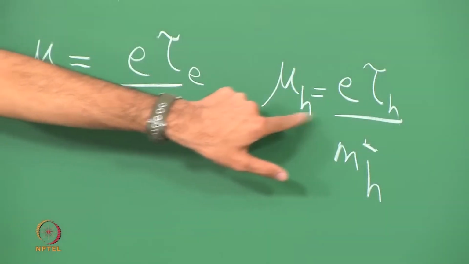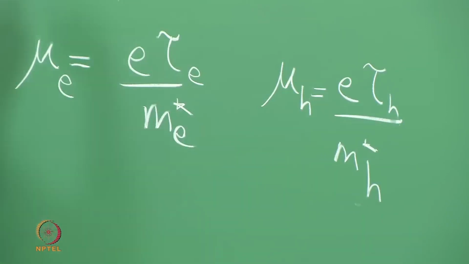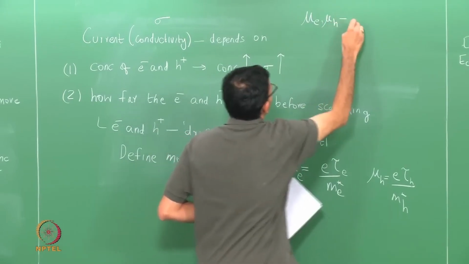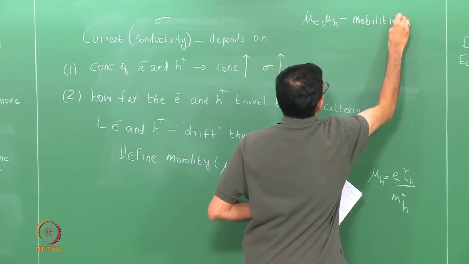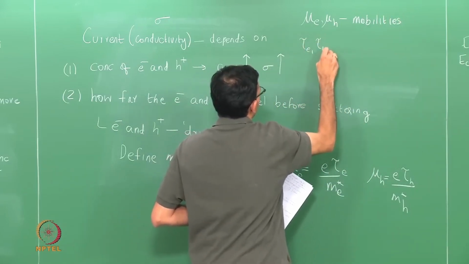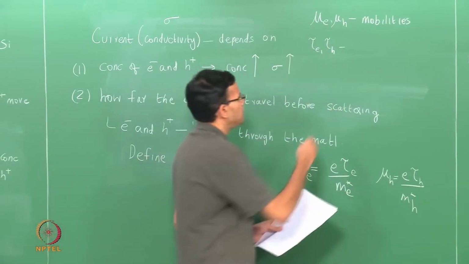Mu h depends on a factor tau h and the effective mass of the holes. So, mu e and mu h are the mobilities, and the factors tau e and tau h refer to the time between two scattering events.